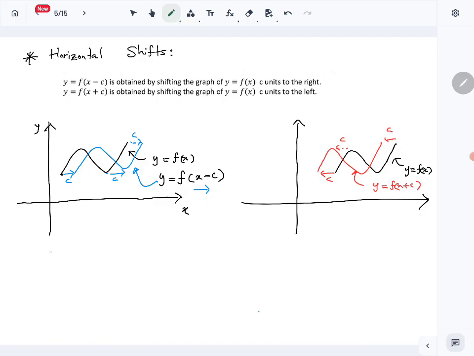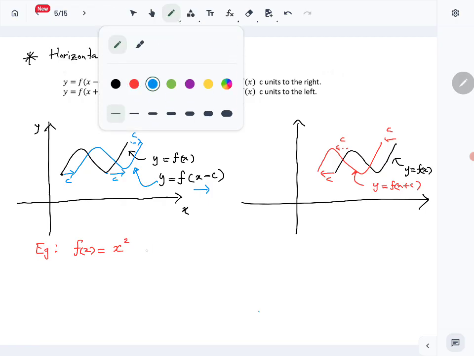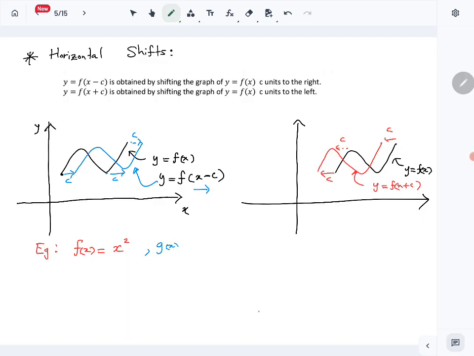So then let's do a simple example. Again, we know this shape now. f(x) equals x squared. Then we'll draw these two. g(x) equals (x minus 1) squared. This is actually f(x minus 1), no? If you substitute x minus 1 here, you get (x minus 1) squared.